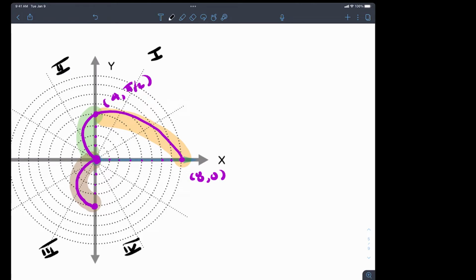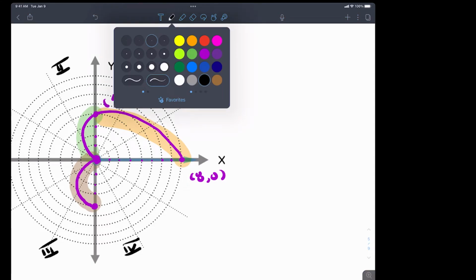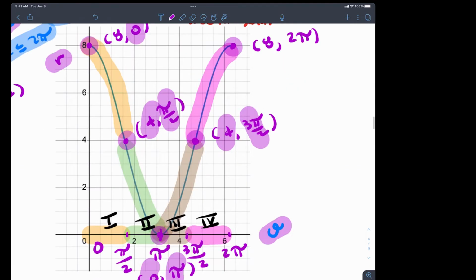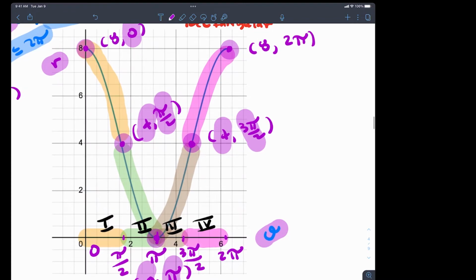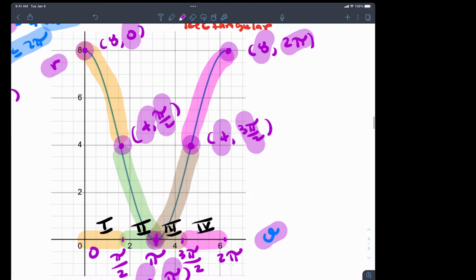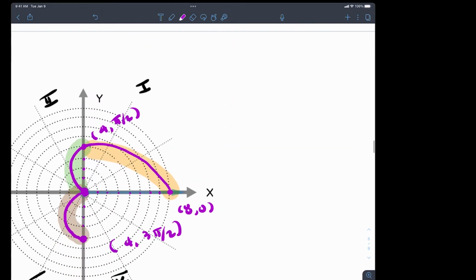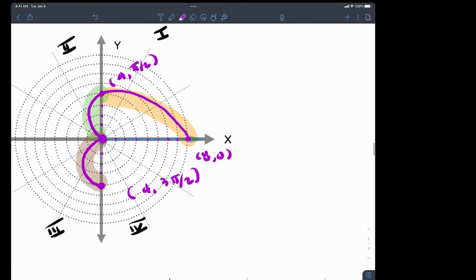So as you can see, this cardioid is taking its shape. Is that right? This is the location, 4, 3 pi over 2, right in here. And then we're coming back. We're going from 4 now to what? To 8, when you go from 270 to 360. So somehow we went back to what?